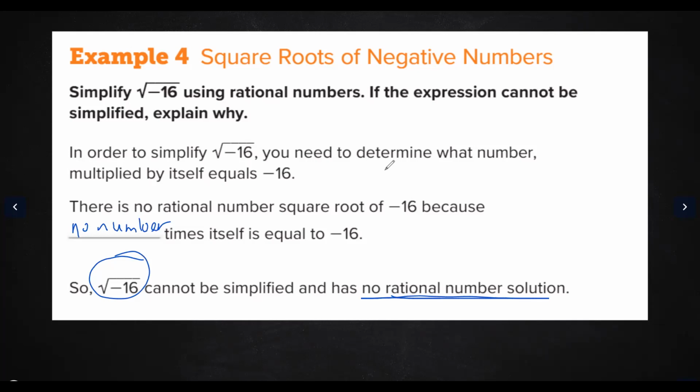We cannot have any number multiplying by itself and get a negative number, because remember, a positive times a positive, in this case, let's put number 4. 4 times 4 is equal to 16. But negative 4 times negative 4 is not equal to negative 16. It's also equal to positive 16. So there is no number, okay? So we have to say that there's no solution. It cannot be simplified.